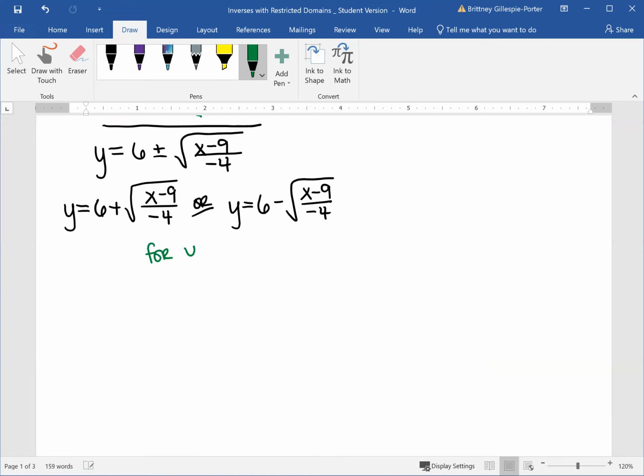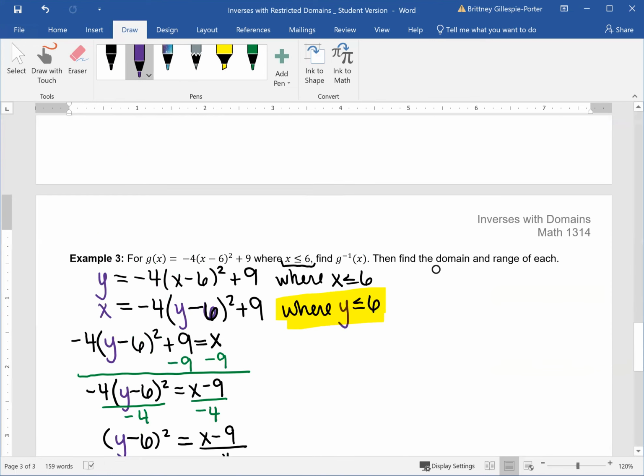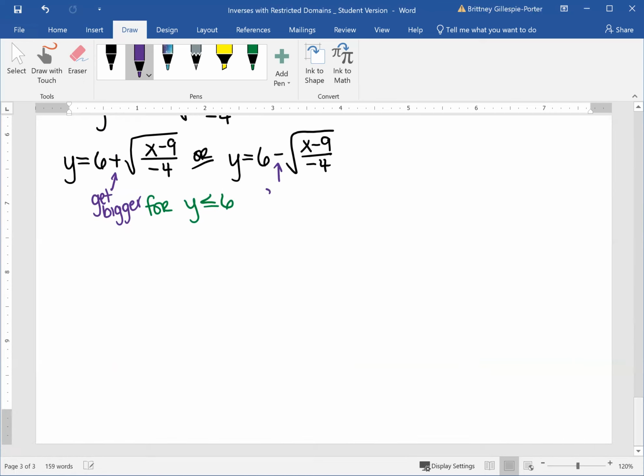So for y less than or equal to 6, if we look at our functions, we know that if we add, we get bigger. We have more. We get greater. Whereas if we are subtracting, we get smaller. We have less.